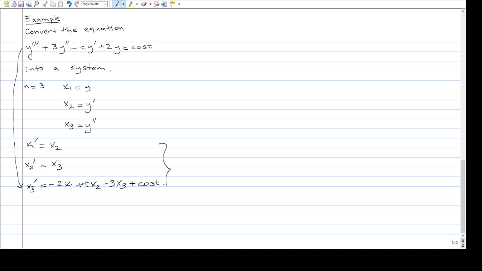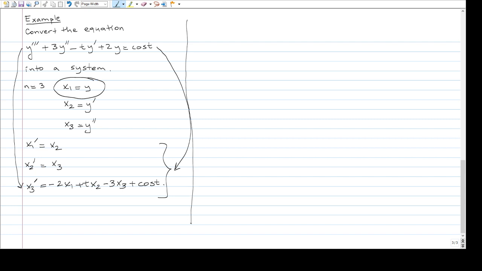So this is the system. The equation is converted into the system, and the important relation between the two is that the unknown function y in the equation is the first variable x1 in our system.